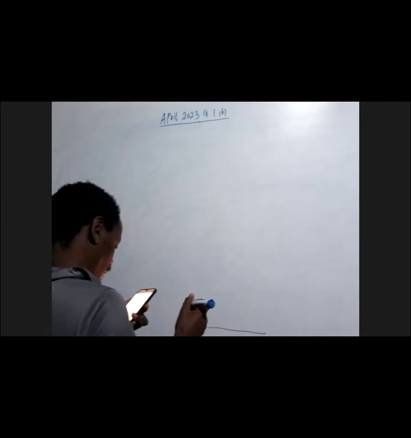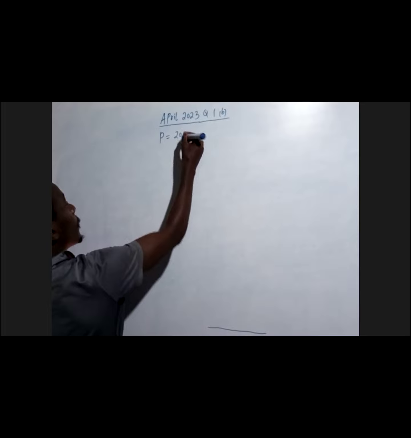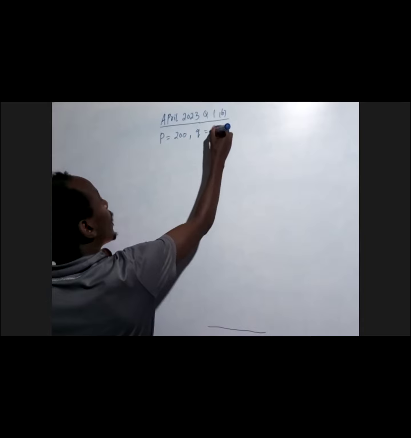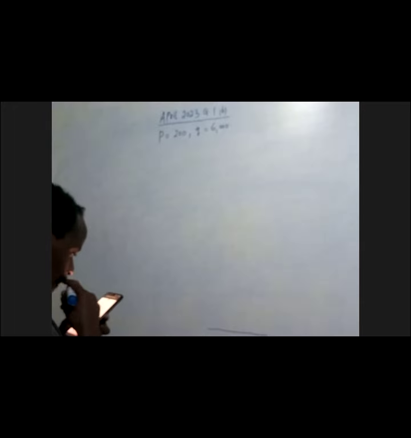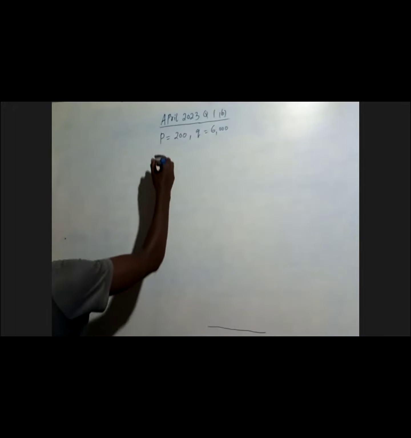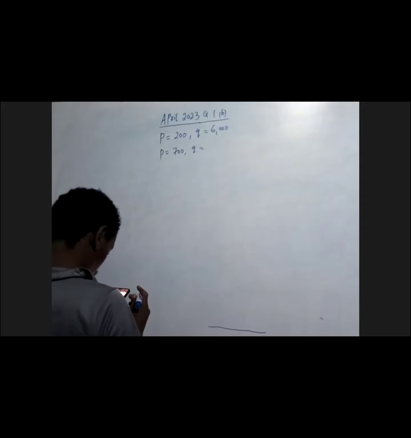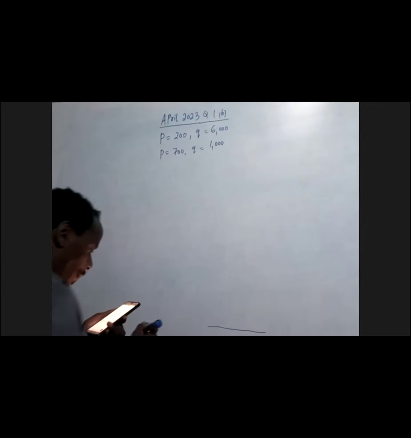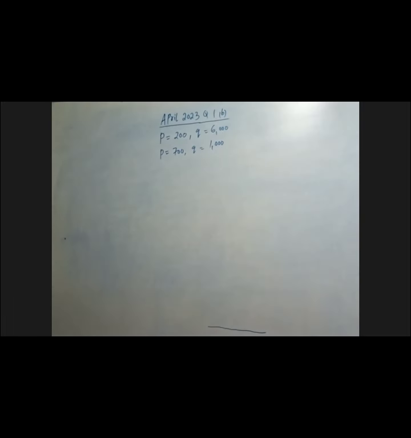He has observed that when the selling price P is 200, Q becomes 6,000. And then when the company increased the selling price per unit to 700, then the demand will drop to 1,000 units.